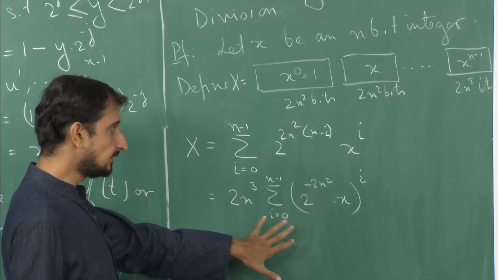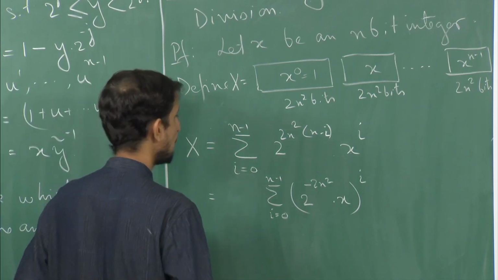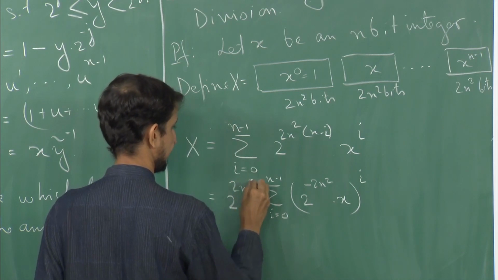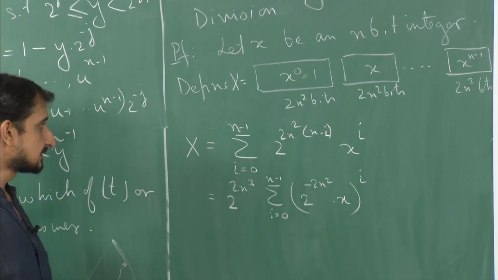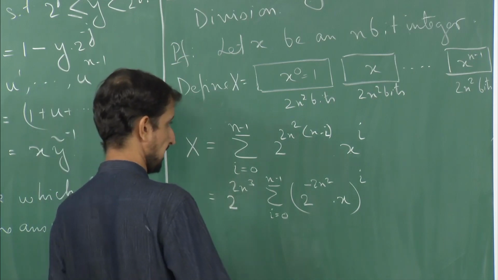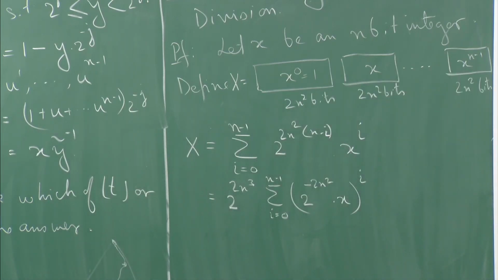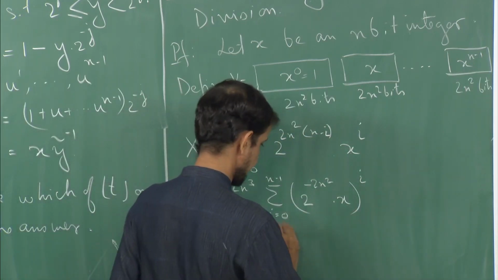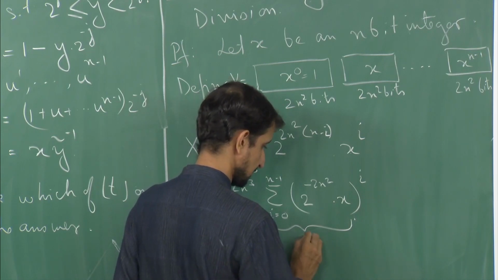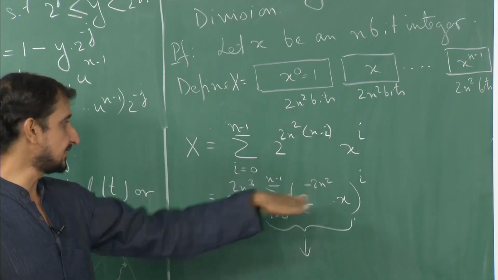Now, what can I say about this quantity? What happens as n tends to infinity?